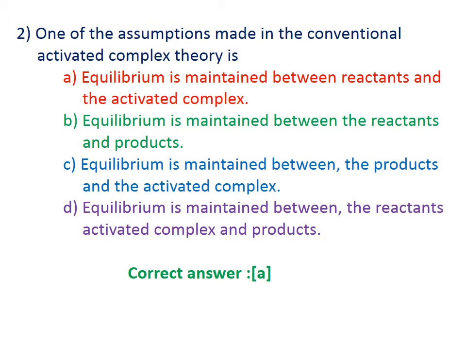One of the basic assumptions of activated complex theory is that there is an equilibrium between the reactant and the activated complex. It is also known as a dynamic equilibrium. Therefore, option A is correct. The equilibrium is maintained between the reactant and the activated complex.